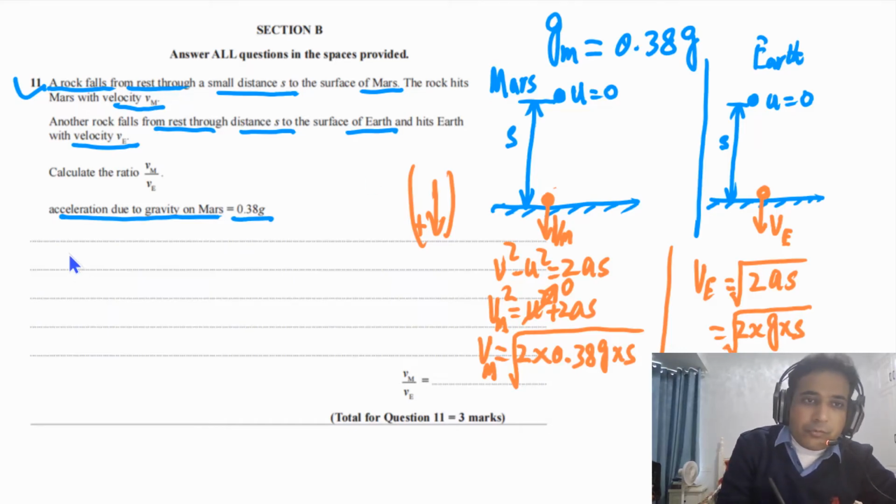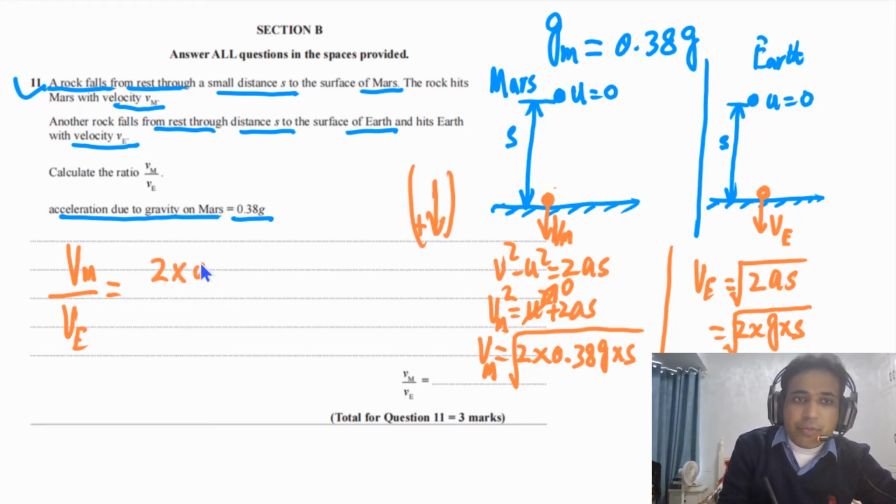Now we need to find the ratio between these two, vm divided by ve. We have vm as the square root of 2 times 0.38 times g times s, divided by the square root of 2 times g times s.